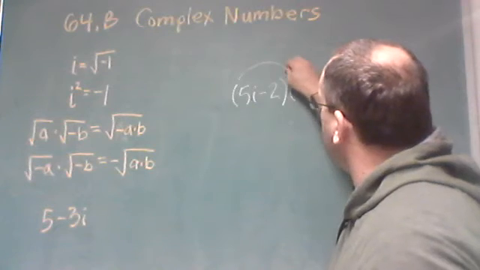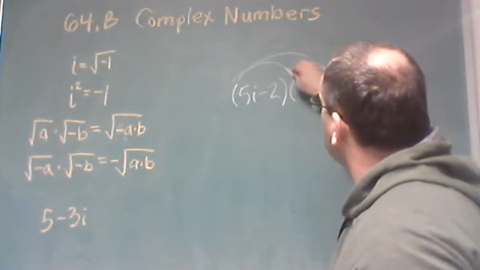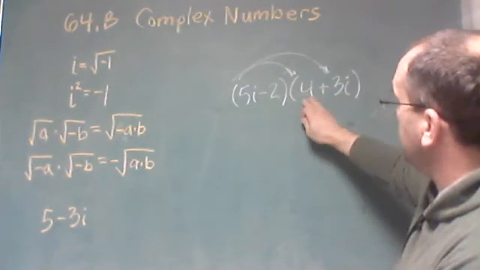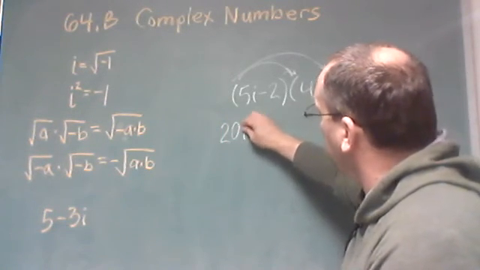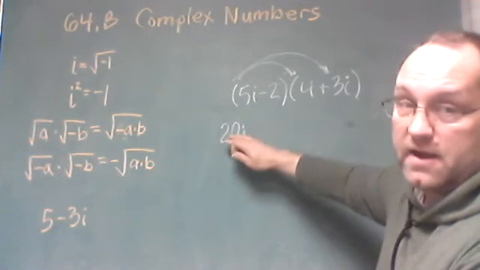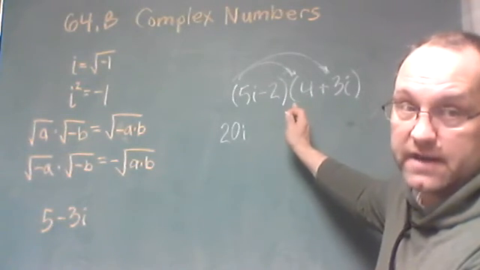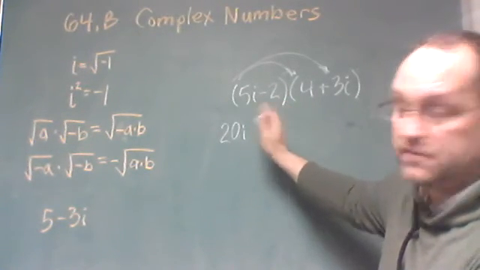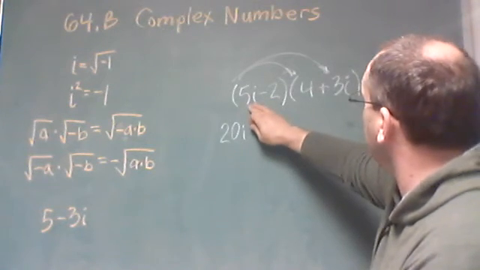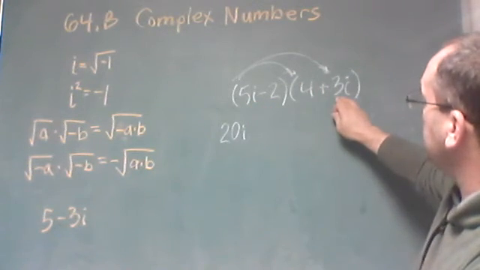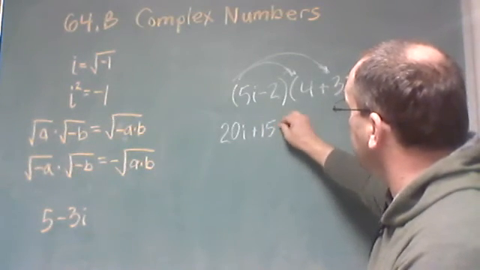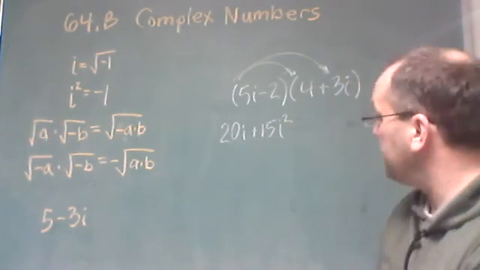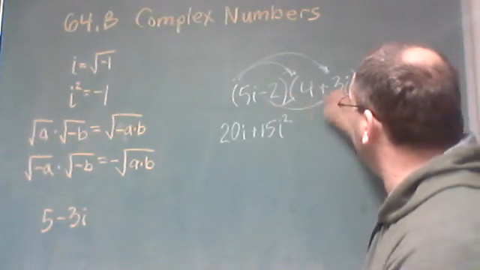Let's go ahead and do that. Okay, a 5i times 4 is a 20i. We can multiply the number times the number, and i times, well, it doesn't have anything to multiply by, so i remains. Okay, we have a 5i times 3i, that becomes 15i squared.